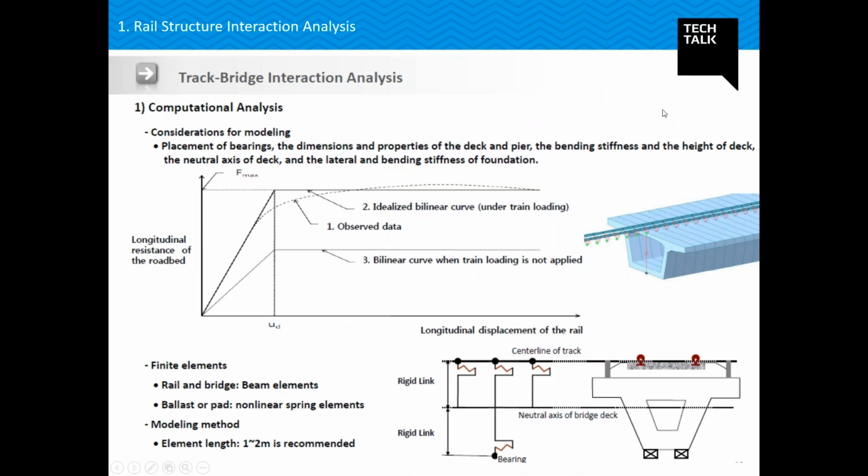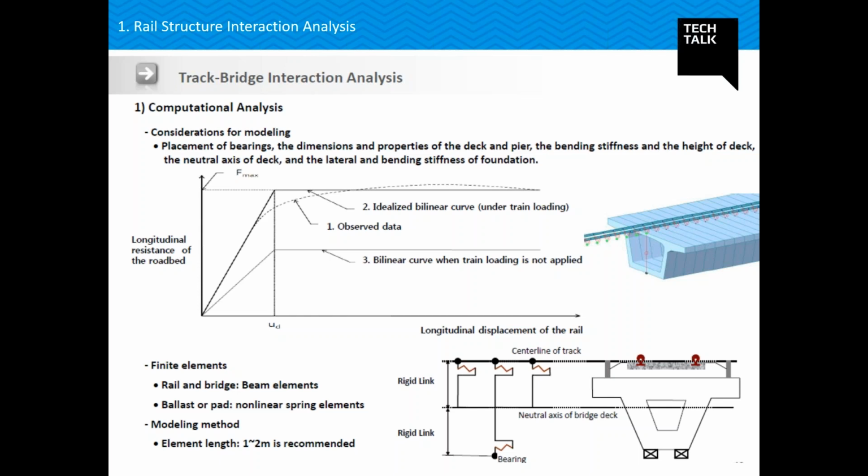Now the computational model. The considerations for our computational model: usually we are concerned only with the stresses in the rail and the serviceability criteria between deck and rail. For that, we usually go for a line model for my superstructure. So the whole model will be a line model.